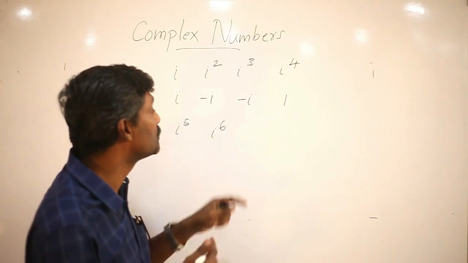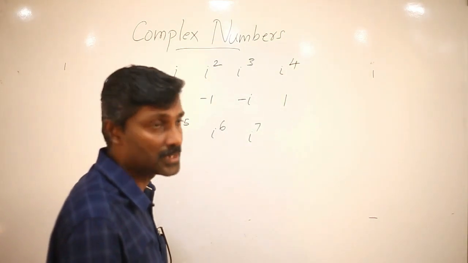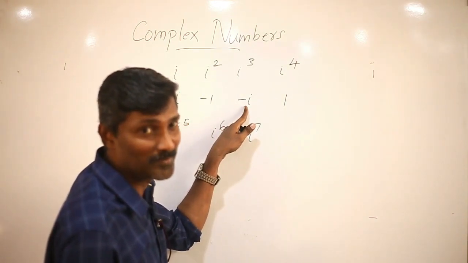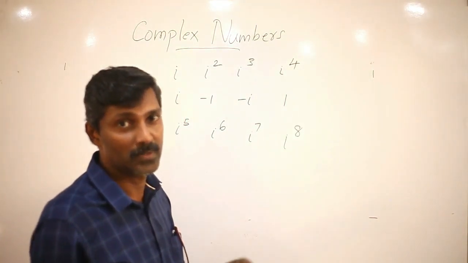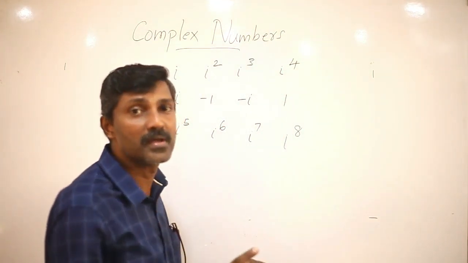And what is i raised to 7? We already found out the value of i raised to 7. What was that? It was minus i, right? Same as i cube. And what is the value of i raised to 8? It is nothing but i raised to 4 the whole square. And i raised to 4 is 1, so 1 square is again 1.